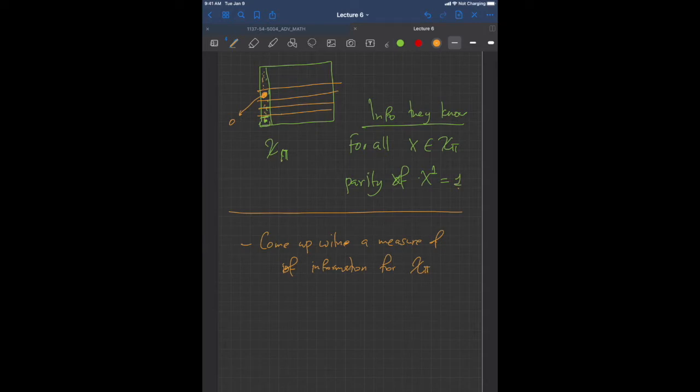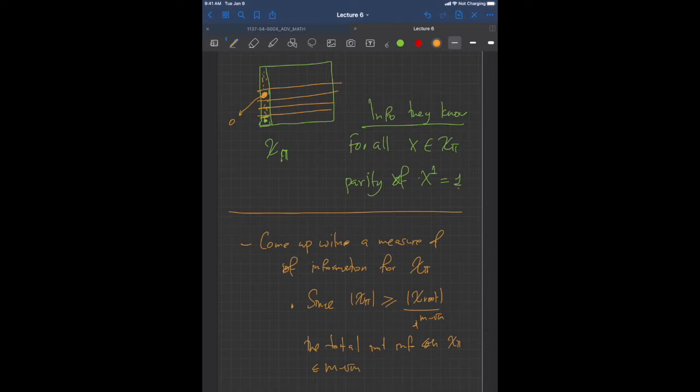First, since X_pi has size at least 2 to the m minus square root m, the total amount of information on X_pi is strictly less than m minus square root m.